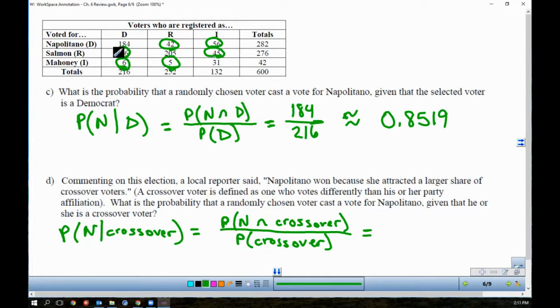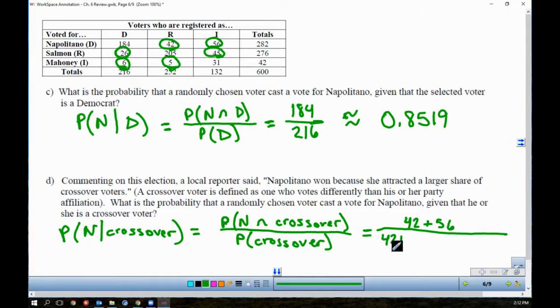So we want Napolitano and crossover. That's the two on top we circled: 42 plus 56. Then we need all our crossovers.